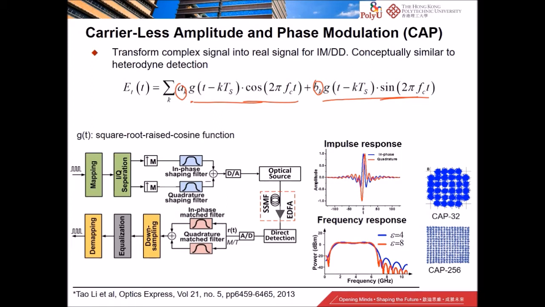This is an implementation block diagram of the CAP system, and if you look at the impulse responses, you can see that they are supposedly Hilbert transform pairs. If you look at the frequency response, again it will look like heterodyne signal transmission.